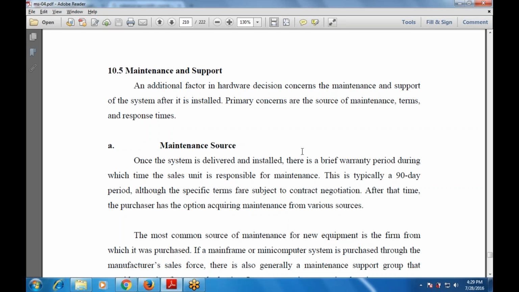All the specific terms are subject to contract negotiation. After that time, the purchaser has the option of acquiring maintenance from various sources.